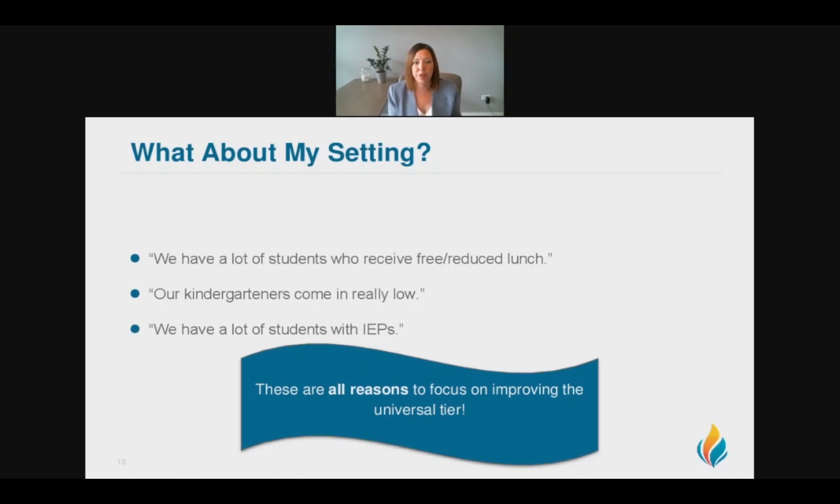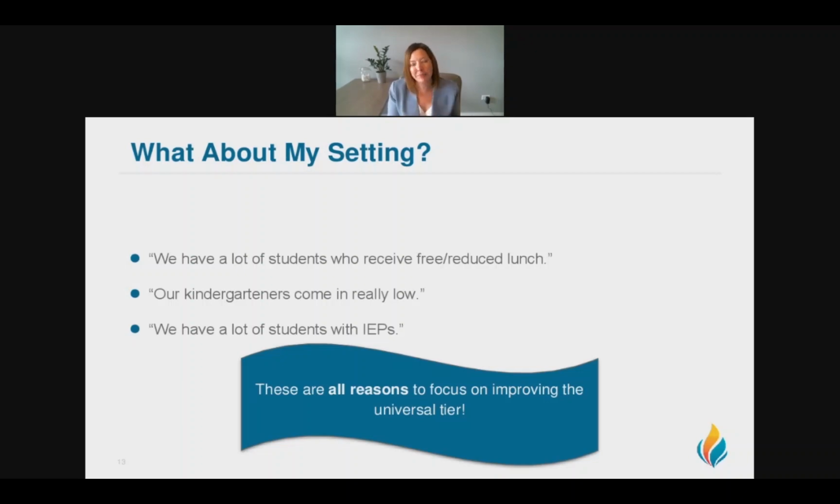And so as we think about, again, that MTSS pyramid, and we think about that pyramid as resources, not students, think about the resources that we have within our school, and being able then to focus those resources on improving the universal tier, as opposed to spending more resources toward identifying new interventions, toward intervention scheduling, and coming up with new ideas for those things.